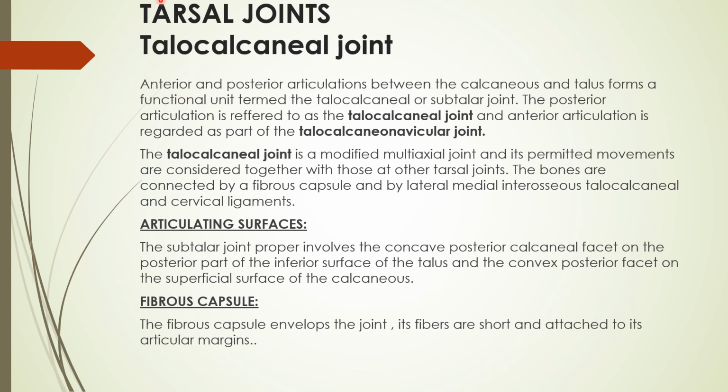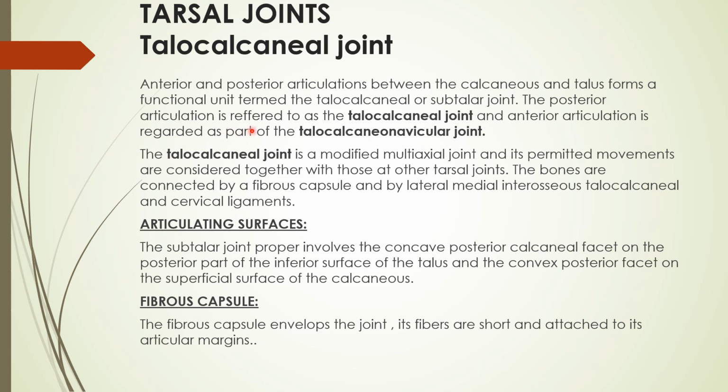The tarsal joints include the talocalcaneal joint. Another name given is the subtalar joint. The subtalar joint is the second component of the ankle joint. Anterior and posterior articulations between the calcaneus and talus form the functional unit termed the talocalcaneal or subtalar joint.